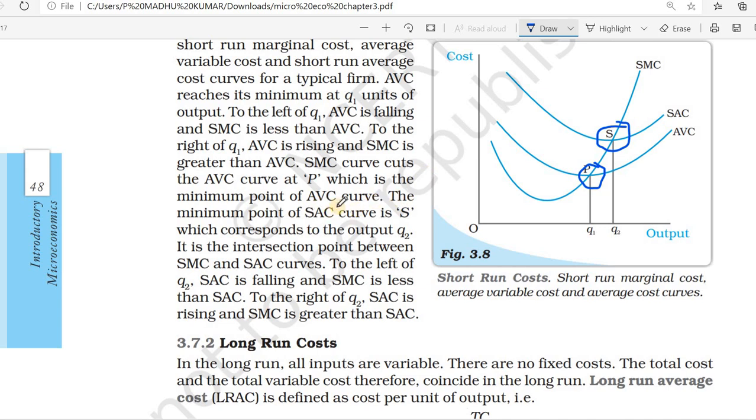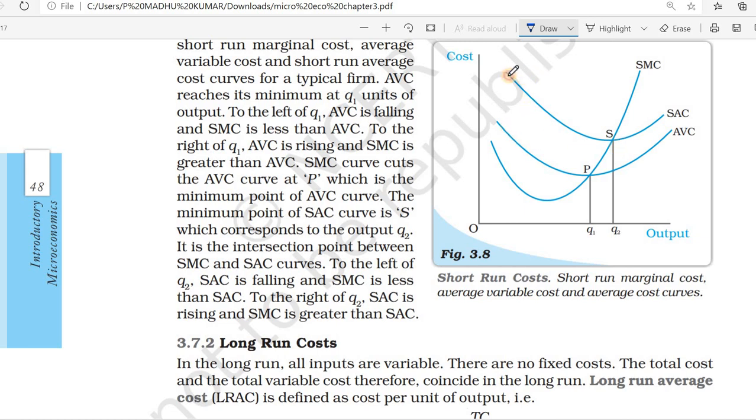The minimum point of the SAC curve is S and the minimum point of the AVC curve is P. At those points, the SMC curve cuts the AVC and the SAC curve. It is the intersection point of the SMC, SAC and AVC. Then to the left of Q2, this is the point Q2, SAC is falling.